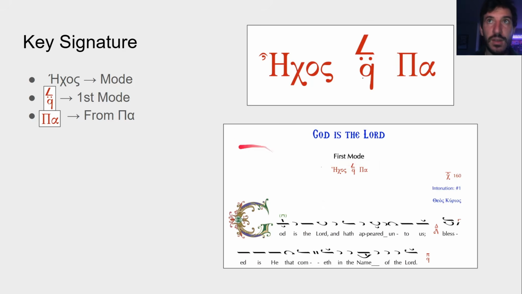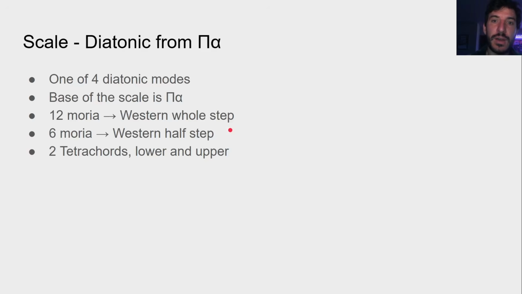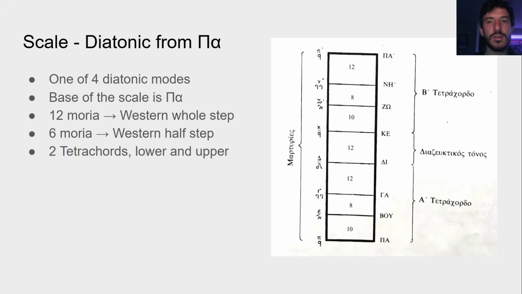All right? Now let's talk a little bit about the scale. First tone, just like plagal fourth tone, uses the diatonic scale. But instead of being from ni, like it is in plagal fourth tone, first tone has its base on pa.